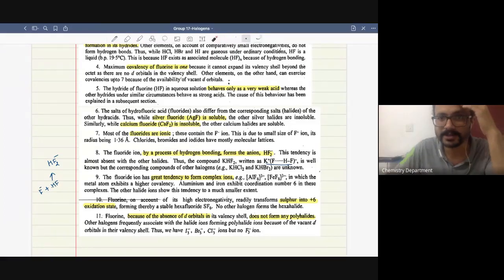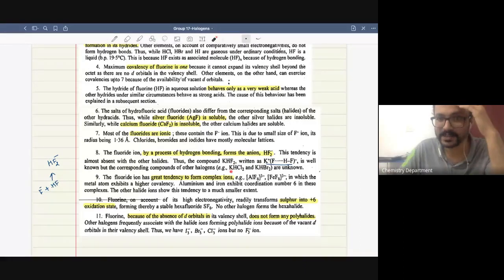So let me use the laser pointer. Here you see the hydrogen bonding. The HF is hydrogen bonded to the fluoride ion, and this helps in the formation of this particular anion. This anion is feasible only because of the formation of this kind of hydrogen bonding, and that's why you have this compound known, that is KHF2.